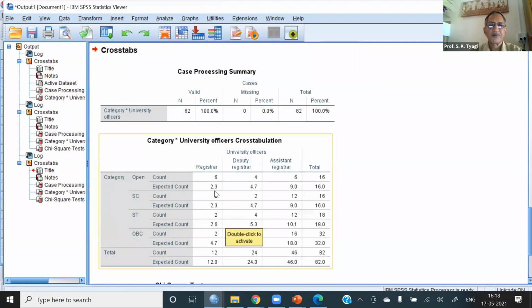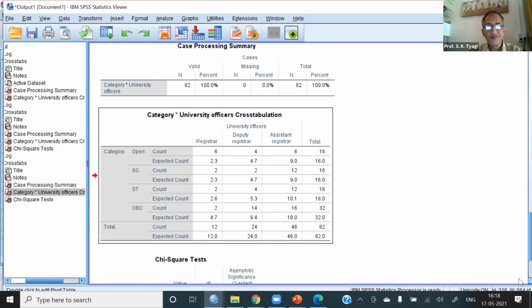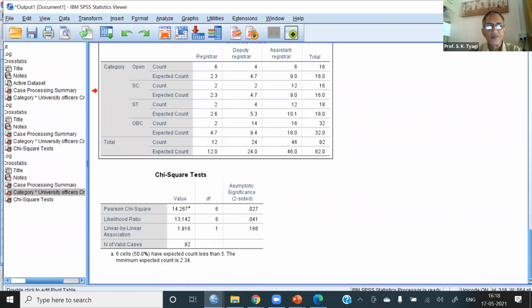Now we have expected frequencies of 2.3, 4.7, 2.3, 4.7, 2.6, and 4.7, all less than 5. So 50% of the expected frequencies are less than 5.